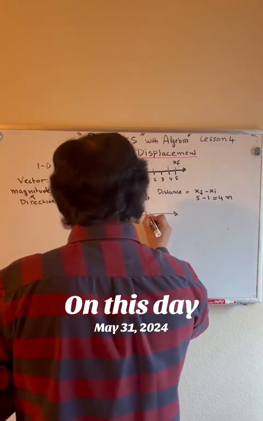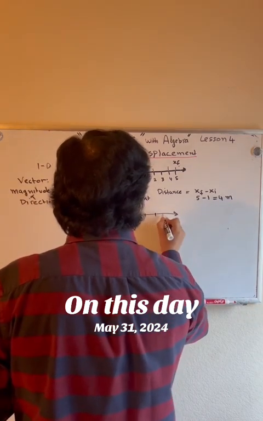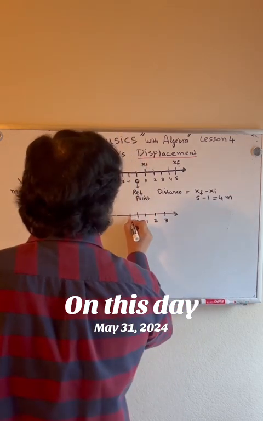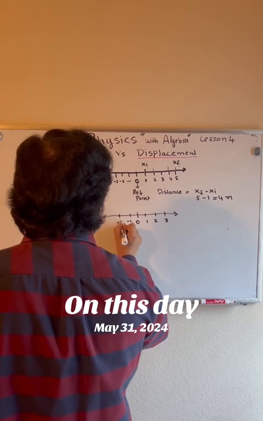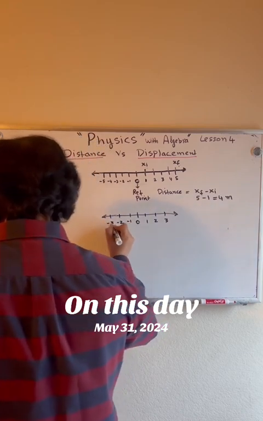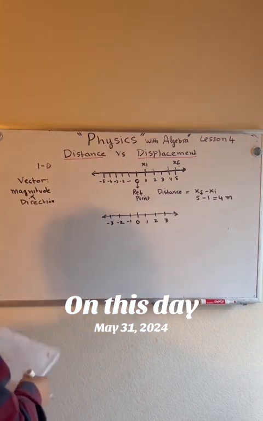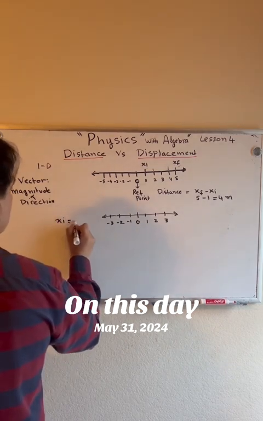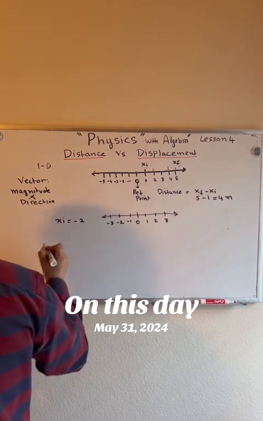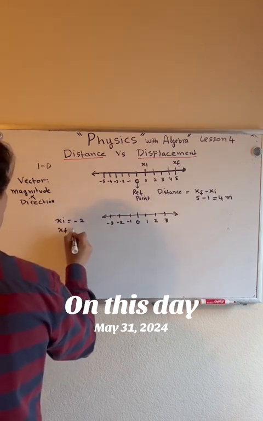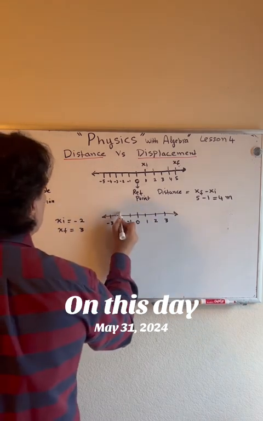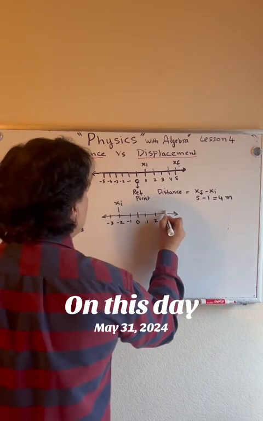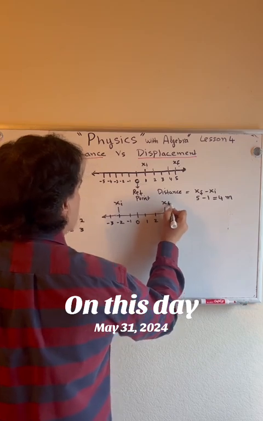All right, then we got 1, 2, 3, and -1, -2, -3. What I ask you is that I give you the initial point, xi is equal to -2, okay? And then I give you xf, the final point, is equal to 3. So this right here is my initial point, and this right here is my final point, okay?